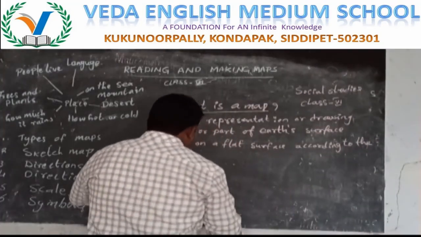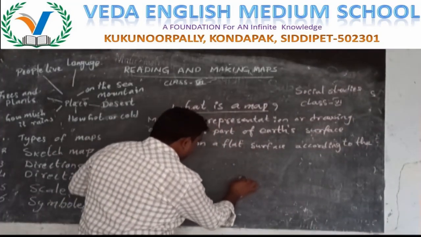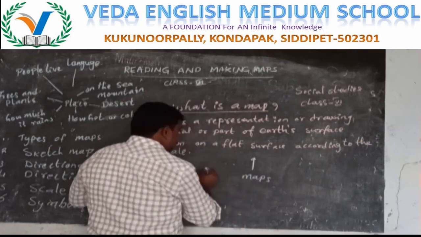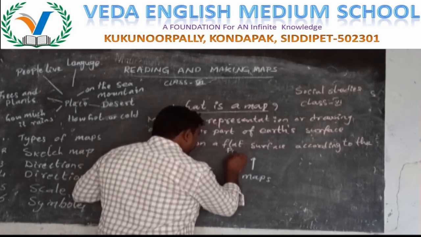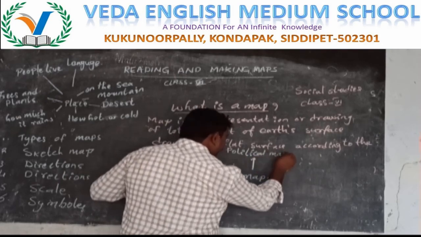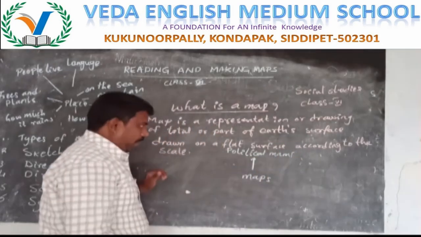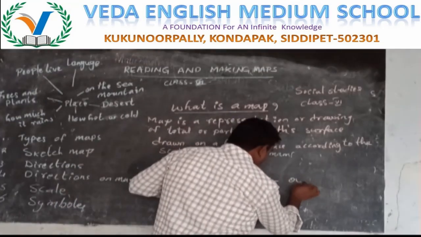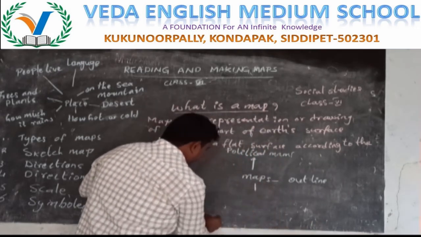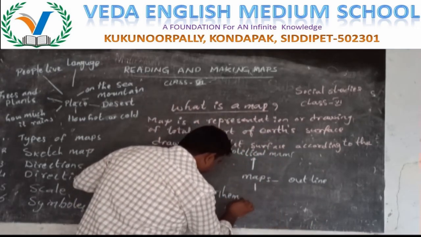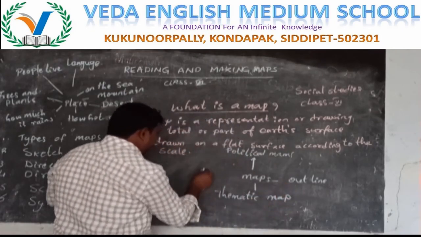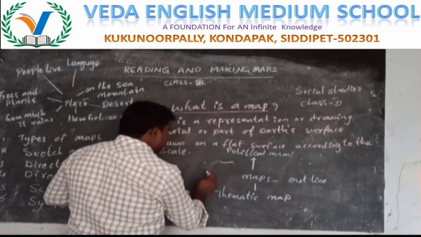I will write what the kinds of maps are: political map, outline map, thematic map, then physical map.